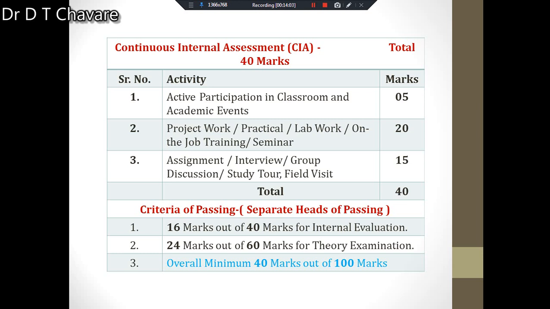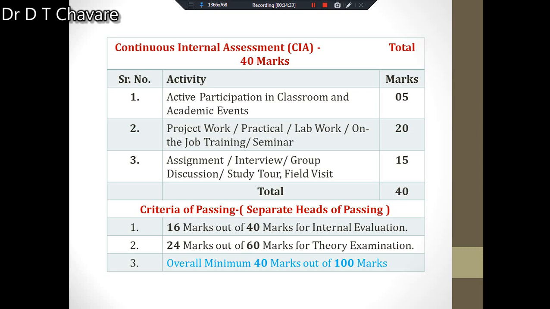Okay, then project report, project work, practical, lab work, on the job training or seminars, and for all these events 20 marks are allotted. Then assignment, interview or group discussion, study tour or field visit, these are also different events you have to conduct, and for those events 15 marks are allotted.